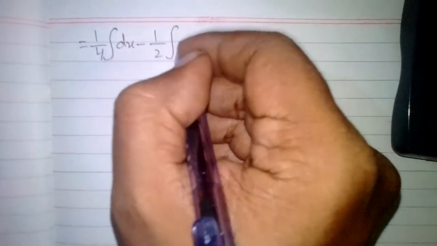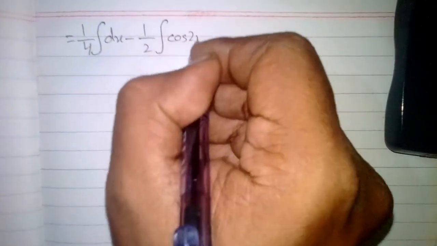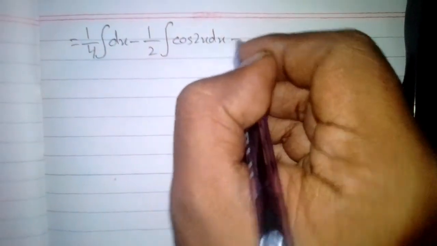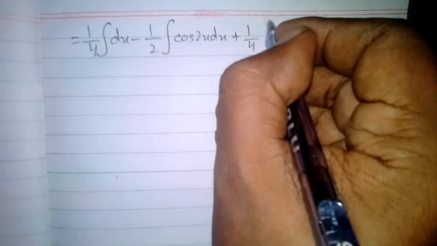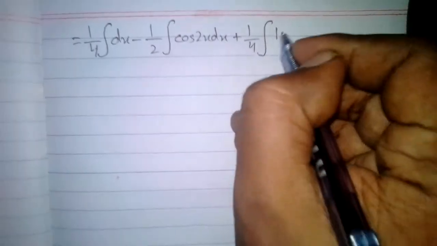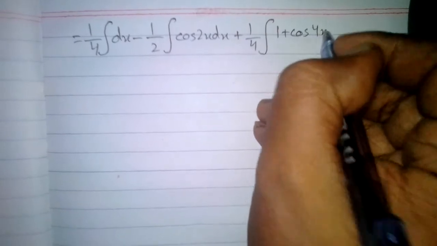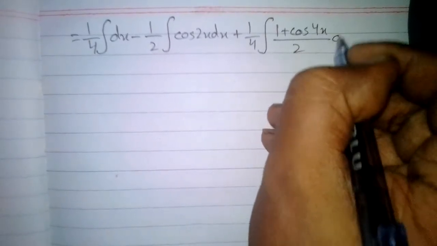So now the integral will be 1 upon 4 integral of dx minus half integral of cos 2x dx plus 1 upon 4 integral of (1 plus cos 4x) upon 2 dx.